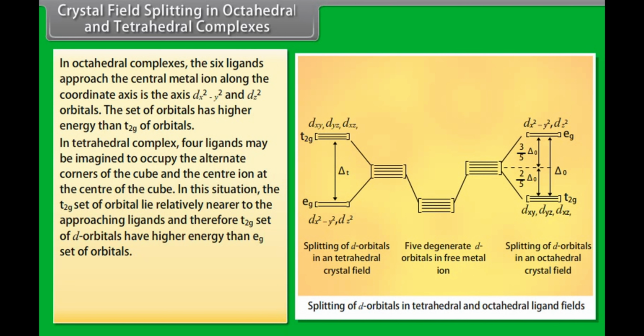In this situation, the t2g set of orbitals lie relatively nearer to the approaching ligands and therefore have higher energy than the eg set of orbitals. The relationship between delta T and delta O is given by delta T is equal to 4/9 delta O.